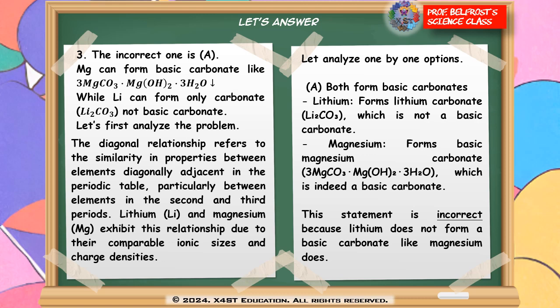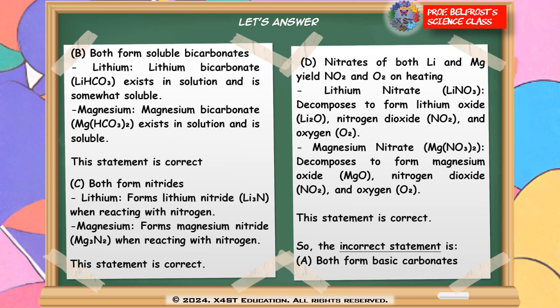How about B? B is correct because lithium bicarbonate is in solution and is somewhat soluble. Also, magnesium bicarbonate in solution is soluble, and so this is correct. How about C? Both form nitrates. Yes, both form nitrates, so lithium forms lithium nitrate and magnesium forms magnesium nitrate. So this is correct. How about D?